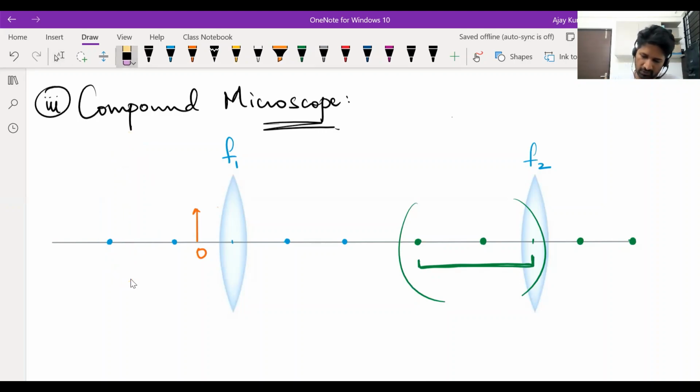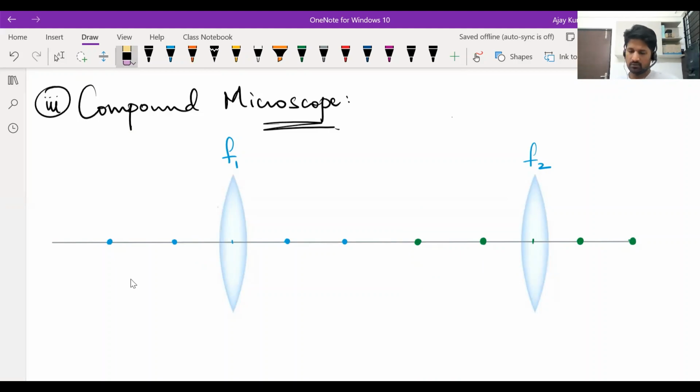So for a compound microscope to work properly, the object must not be placed within the focal length of the first lens. You should not do that. Okay, so what should we do? You should place the object between f and 2f from the first lens. Why?